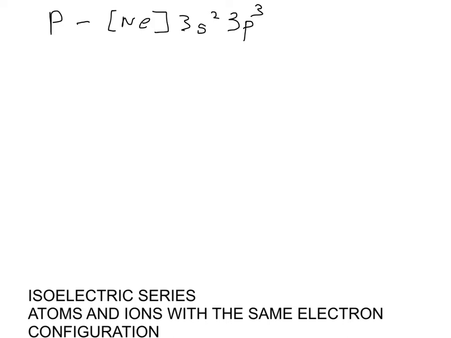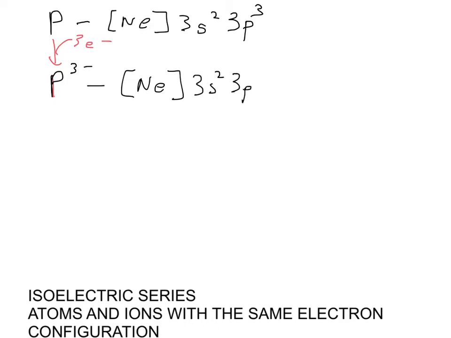To make it into the phosphide ion, I add 3 electrons, and that makes the electron configuration neon 3s2 3p6, which is the same electron configuration as argon.